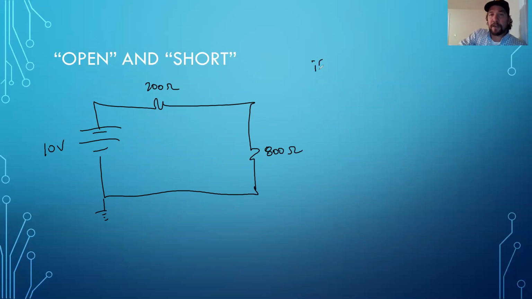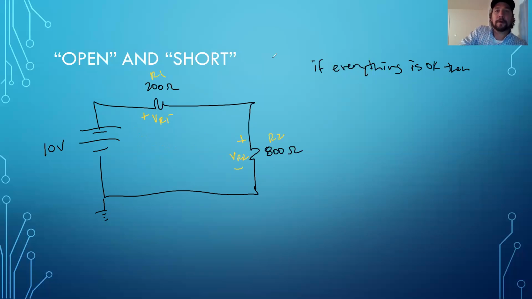So if everything is okay, then this is VR1, VR2, R1, R2. Our current is this way, so I, plus, minus. So if everything's okay, VR1 will equal 2 volts and VR2 will equal 8 volts, right?